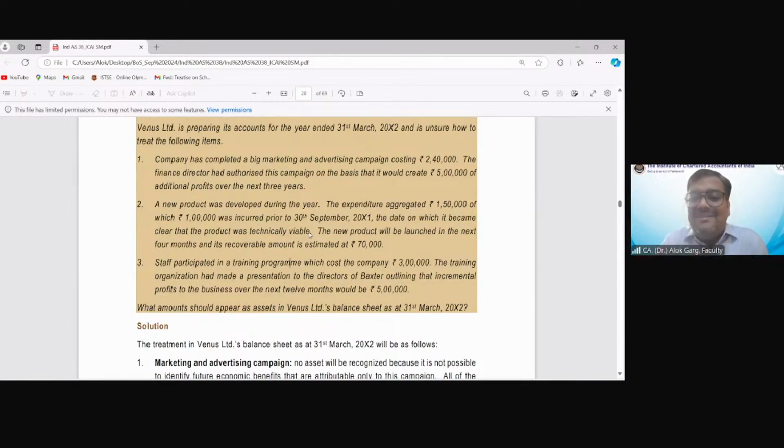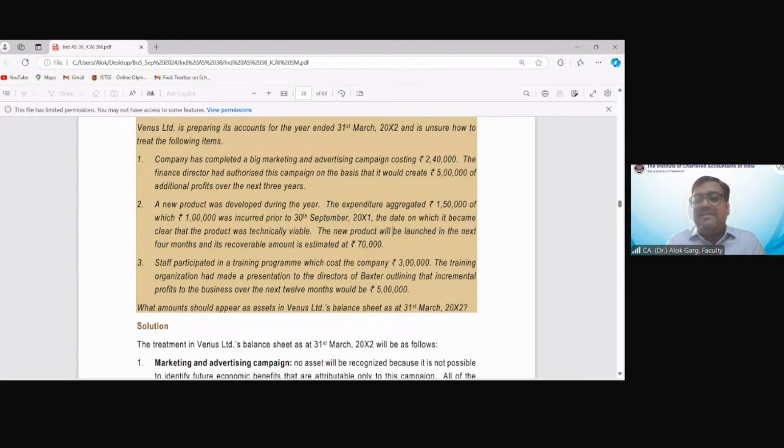The new product will be launched in the next 4 months and its recoverable amount is estimated at 70,000 rupees.